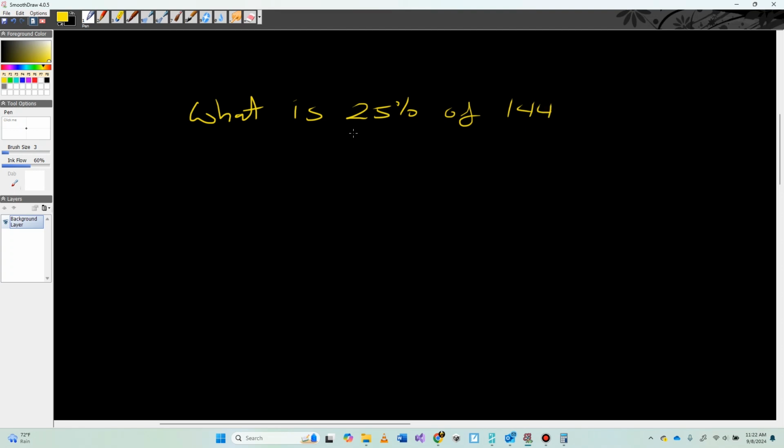So now we already have one of my ratios, 25%, and I can write that out, 25 over 100. I am comparing that to a value that I've been given. What is 25% of 144?